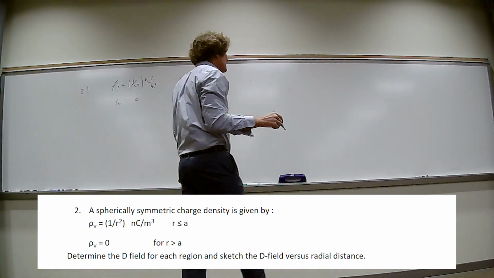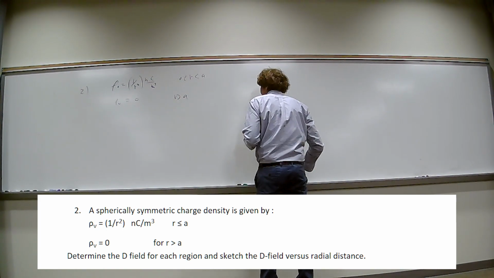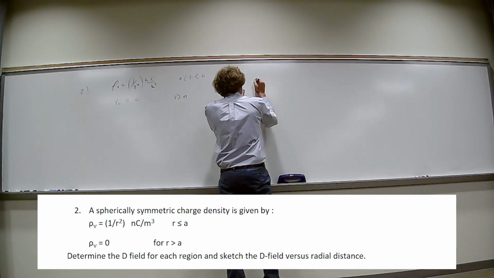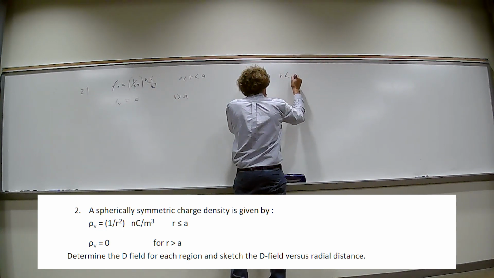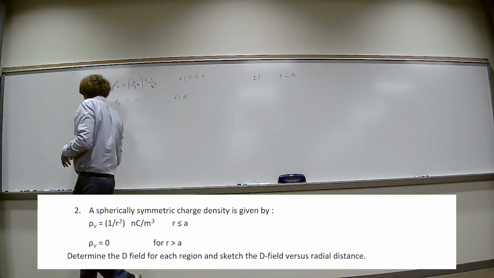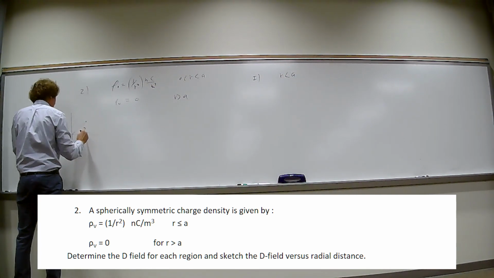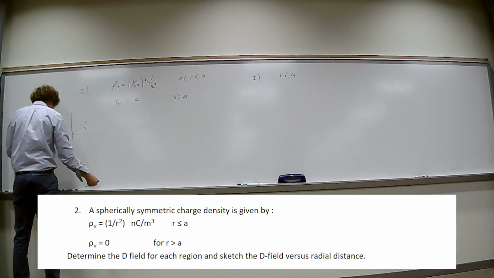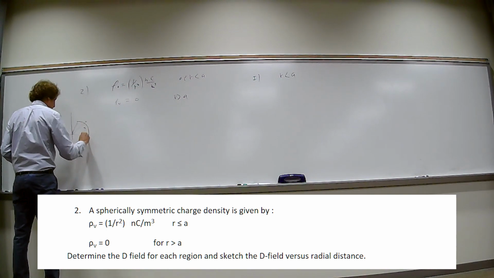So if I take a look at this, right here, the first is going to be for r less than a. And I didn't draw this up here, but basically what I'm going to have is this. If this is a, and if I have r less than a, I really have this.